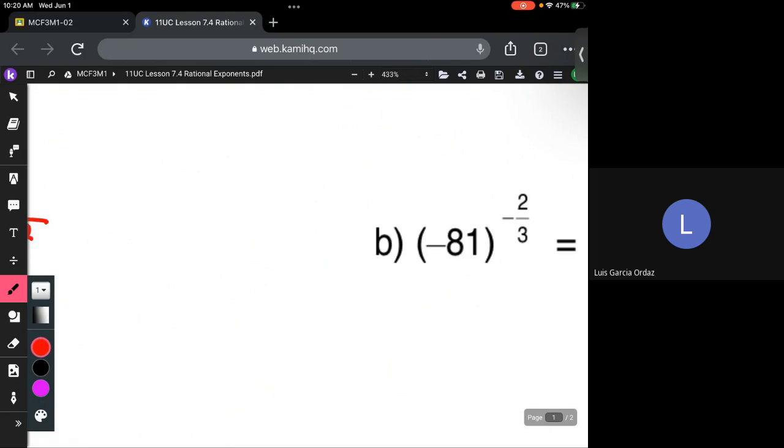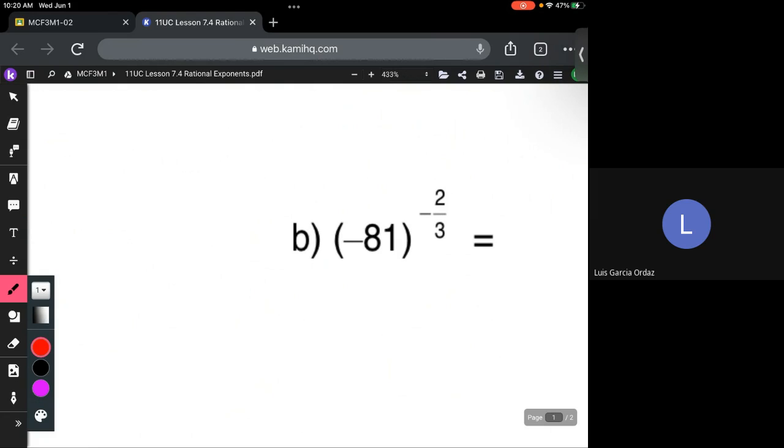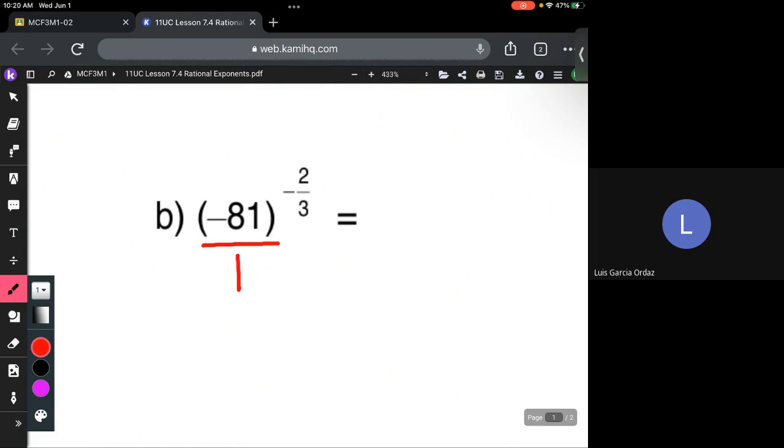Okay, and the next one we have is negative 81 to the power of negative 2 over 3. So remember, I always have an imaginary 1 as my denominator. So how do I change a negative exponent into a positive? Flip it. So it becomes 1 over negative 81 to the power of 2 over 3.